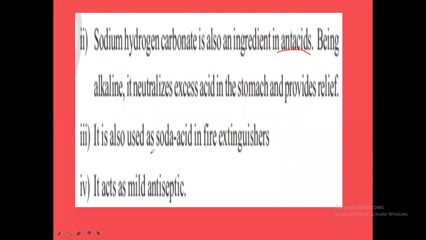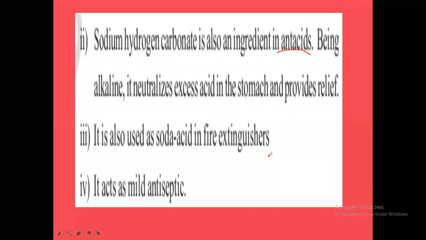Next, another use is as soda acid in fire extinguishers. Fire extinguisher means to put off the fire. To put off the fire, generally which gas is used? CO2 gas is used. In fire extinguishers, when NaHCO3 is heated, CO2 gas is suddenly released. That CO2 gas will put off the fire, so they are called fire extinguishers.